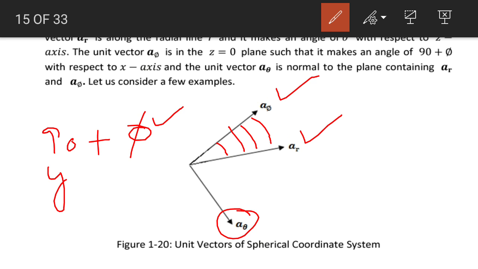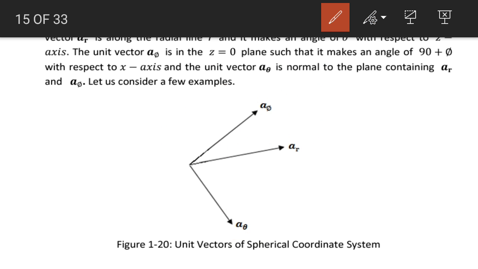If phi is 90 degrees, then a_phi will be along the minus x-axis, and so on. So the location of the unit vector a_phi depends upon this angle, which is represented by phi, and then the unit vector a_theta will be perpendicular to the plane containing a_r and a_phi. It's very important to know the location of all these three unit vectors in the spherical coordinate system.